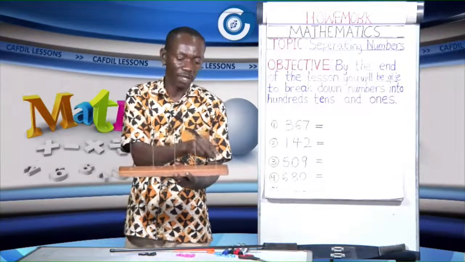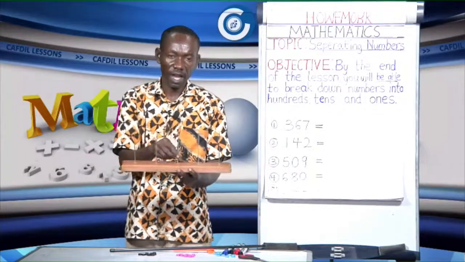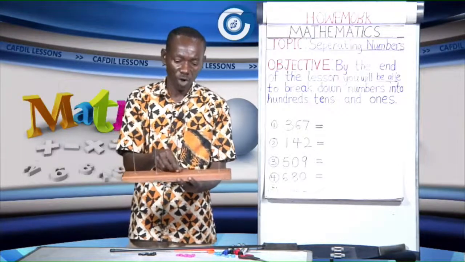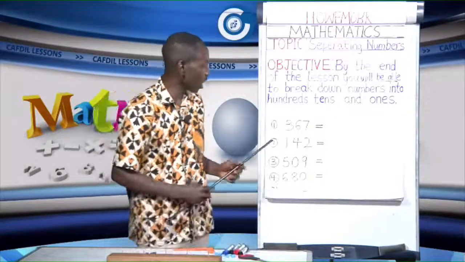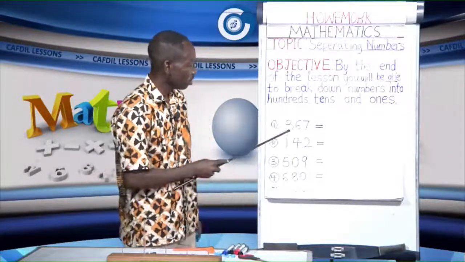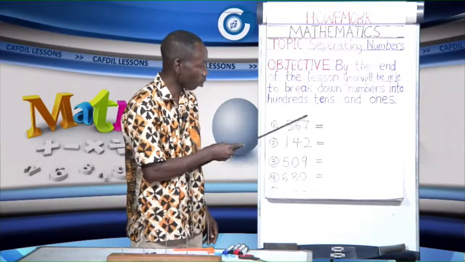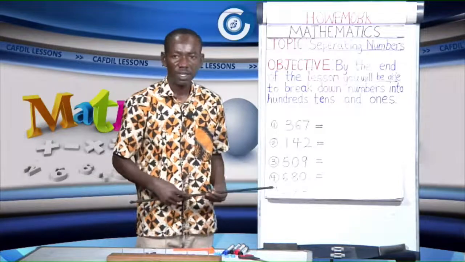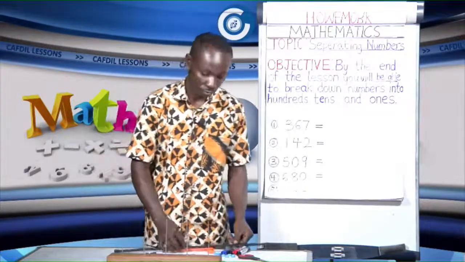So we have ones, tens, and then hundreds. All right. Now, question 1, we have 3, 6, 7. So under the ones column, we have 7 there. Let's place 7 beads under the ones column.